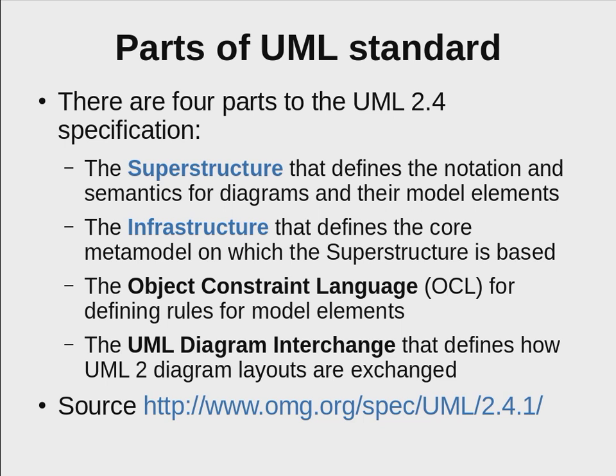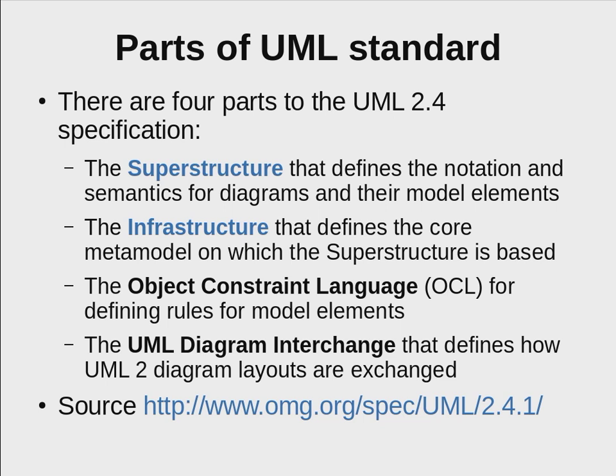So if you are just a user of UML, you are mostly interested in the superstructure, which describes UML for its users. If you also work on modeling tools and more detailed system design, etc., then you may be interested in the infrastructure of UML itself.